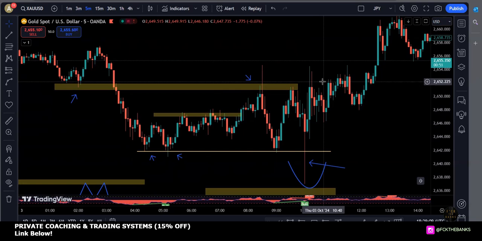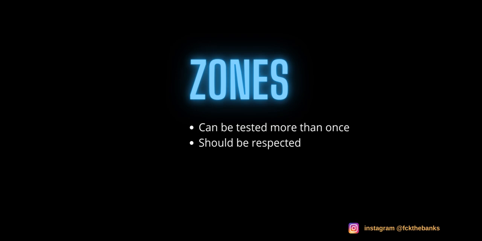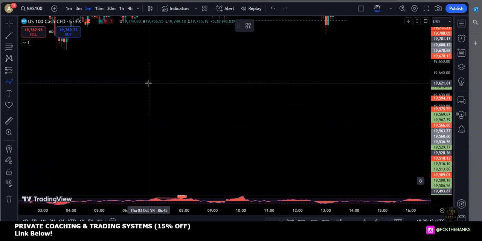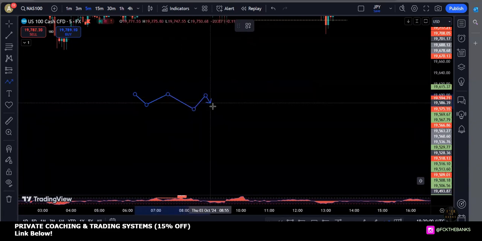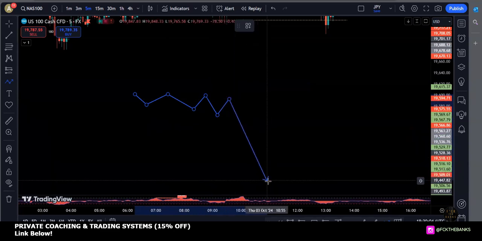Now let's talk about the zones. A zone is very different from support and resistance because you don't need to have a pretty obvious support and resistance level or a significant high or low. A zone can be a candlestick, and whenever price comes back into that area, say for example you have price ranging and then suddenly you have a significant drop, it's going to be pretty obvious in your chart.